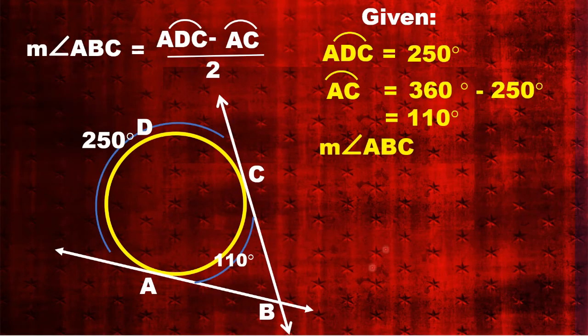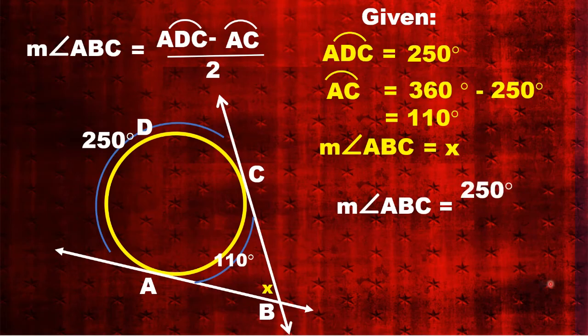And, hahanapin natin yung angle ABC. And that is equal to X. Ayan. So, yun yung ating missing measurement. Now, with the formula, papalitan na natin yung mga values, is equal to arc ADC. Ilan nga yung arc ADC? That's right.